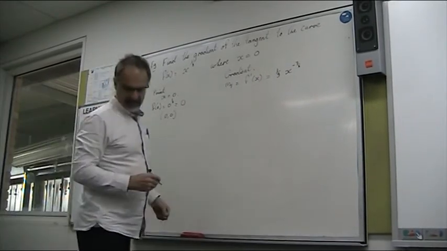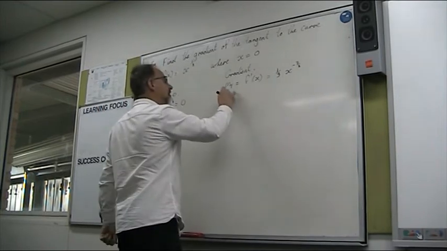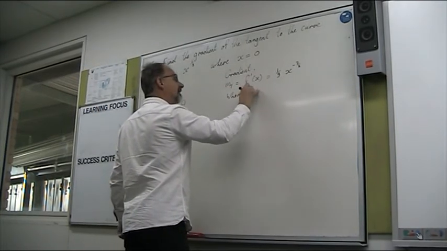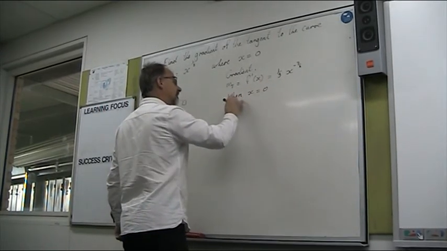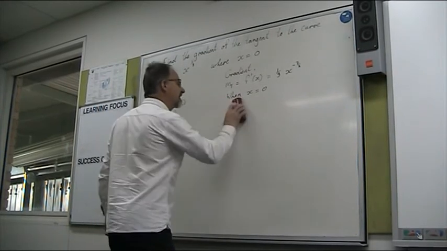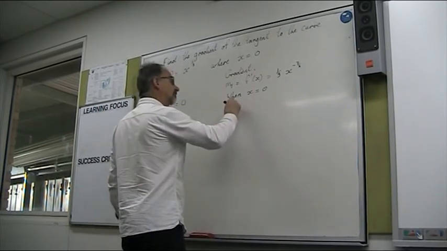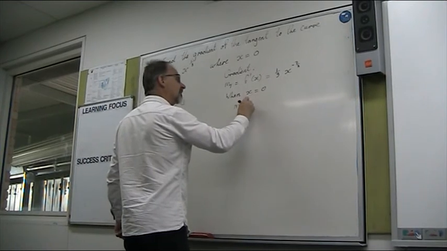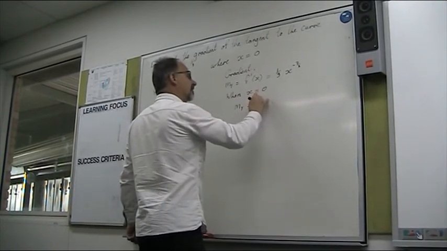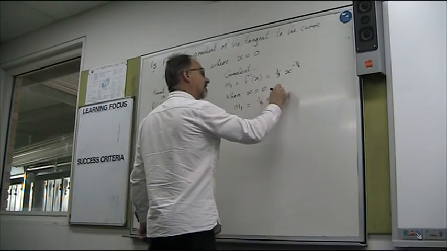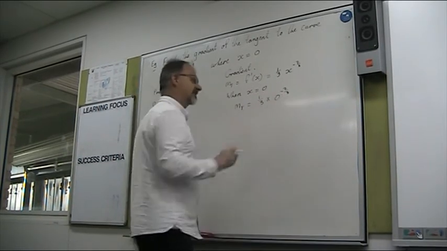Now, when x is equal to 0, the gradient of our tangent will be 1/3 times 0 to the -2/3.